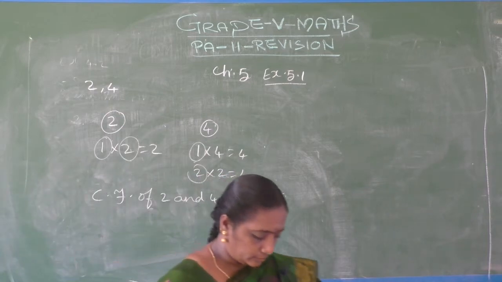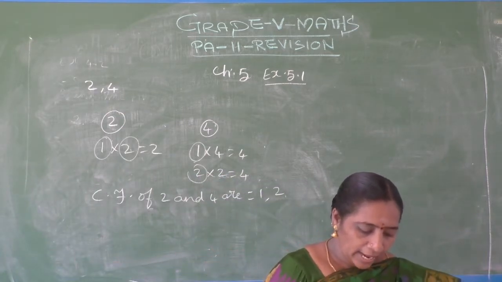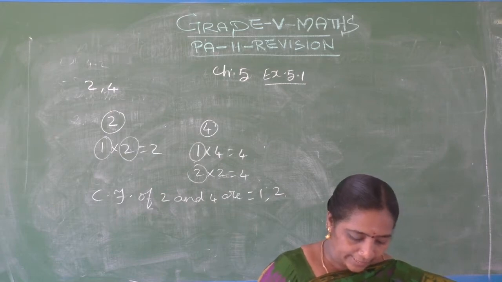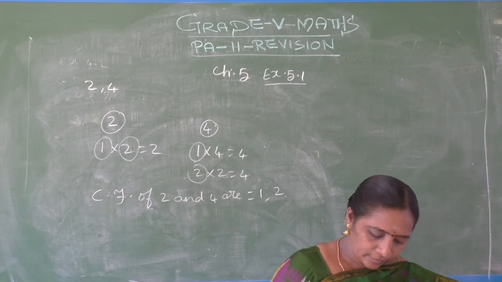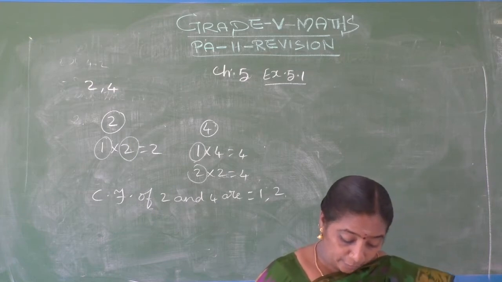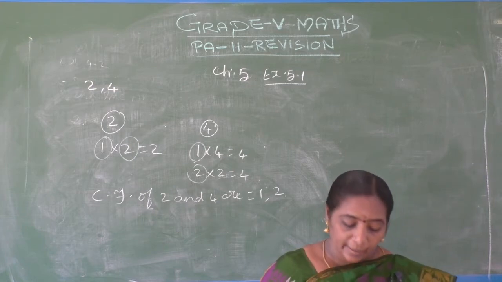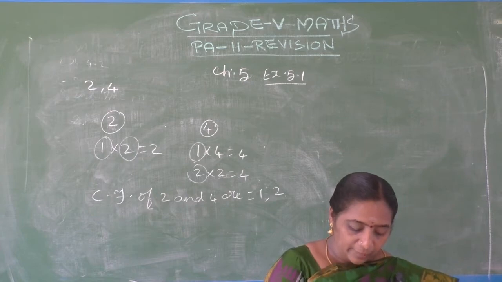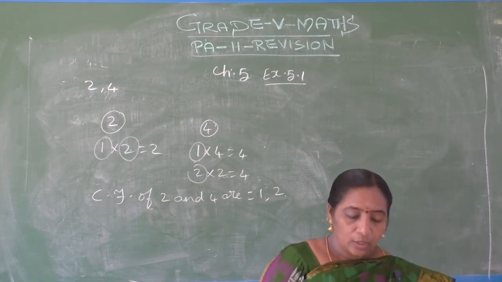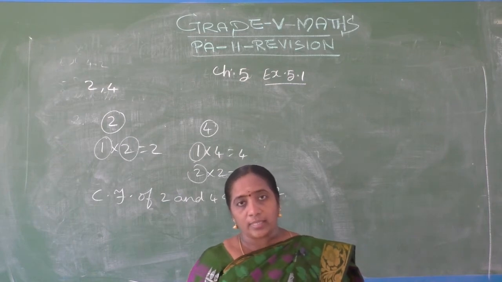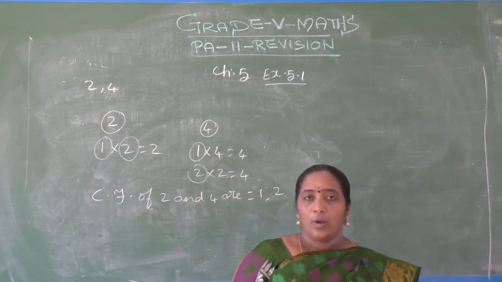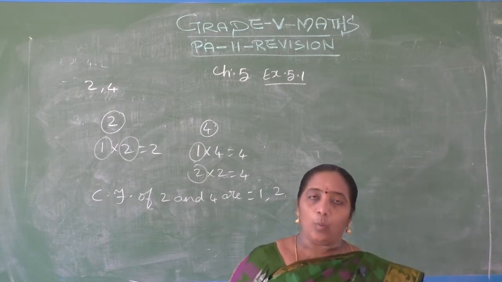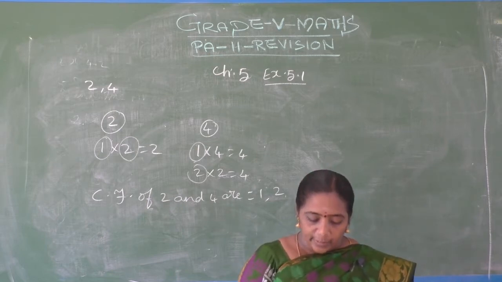Then you have to know the divisibility rules already, isn't it? Do you know the divisibility rules or not? Then before that you have to know the co-prime numbers. What is meant by co-prime numbers? Two numbers are said to be co-prime if one is the only common factor between them.